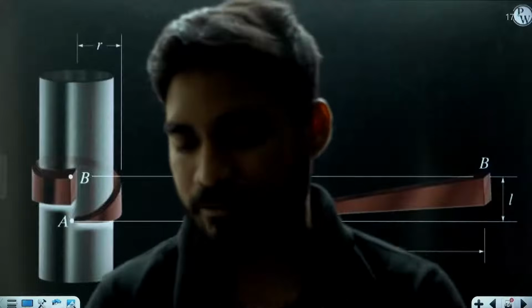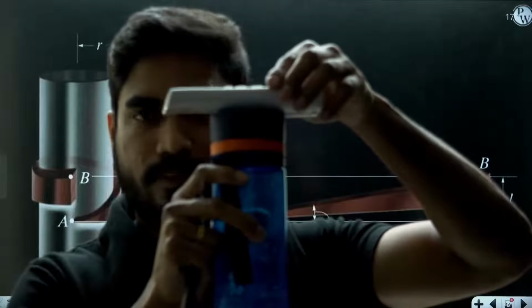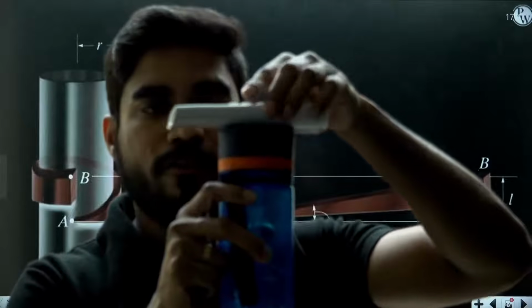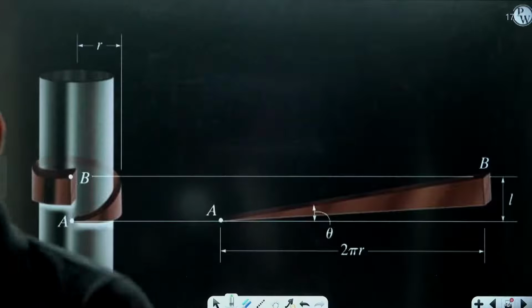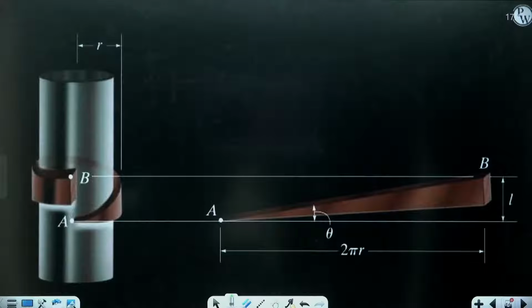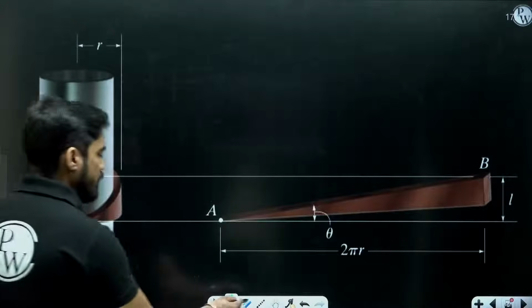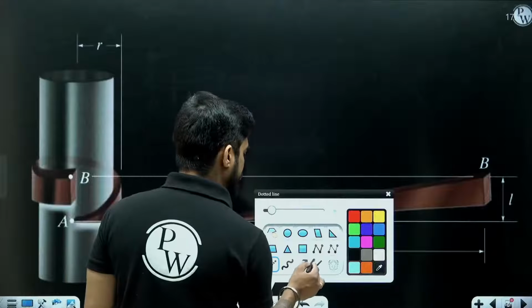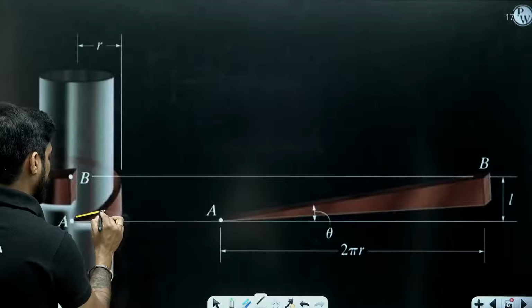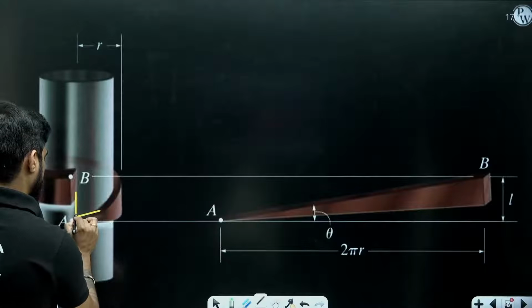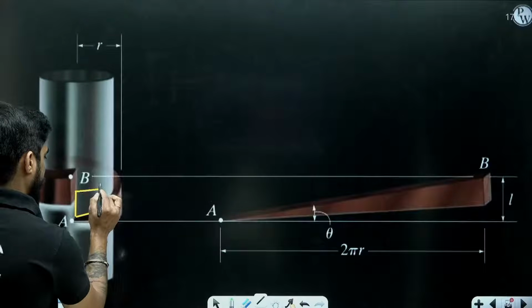So that weight is resting on top of it like this. If you rotate, this screw has to go from A to B, but there is a weight resting on it. I can assume that the weight is just like a block, which is right now here. Something like this.